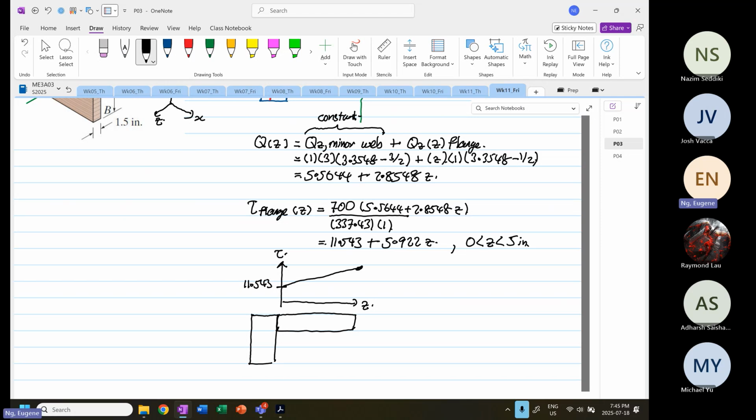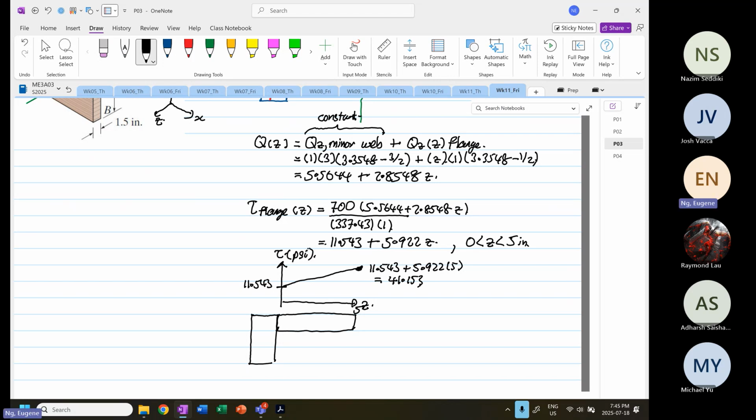And at this point over here, which is equal to 5, this point will be equal to 11.543 plus 5.922 times 5. Okay, so 5.922 times 5 plus 11.543 is equal to 41.153 PSI.